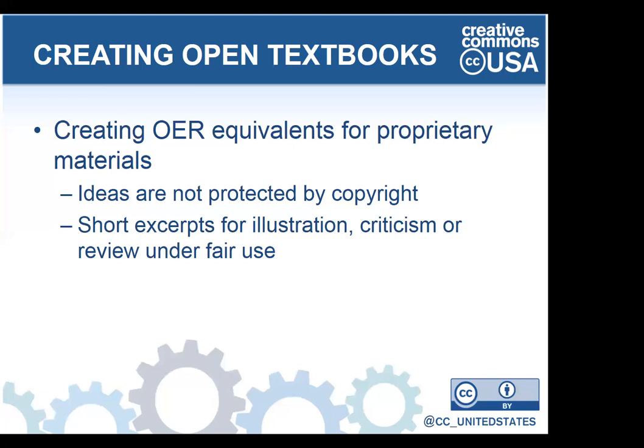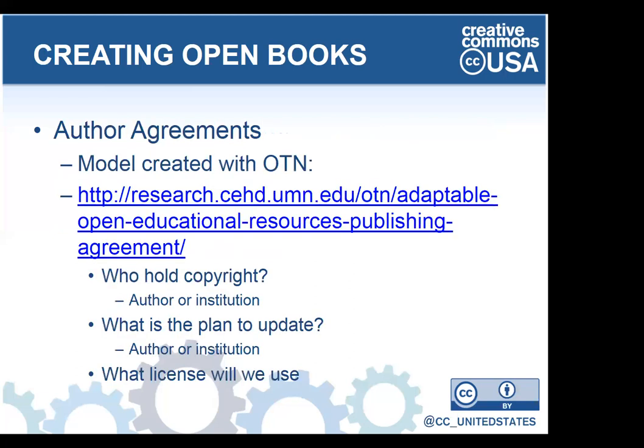So talking about authorship, we had the question about, do you need a separate agreement? Before we get to that, if you have an institution that's paying an author, or you're functioning as a publisher, normally you would have an author agreement. We've created a model author agreement with the Open Textbook Network for institutions where faculty members or others are going to be authoring openly licensed materials, which talks about questions like who will hold copyright, the author or the institution?